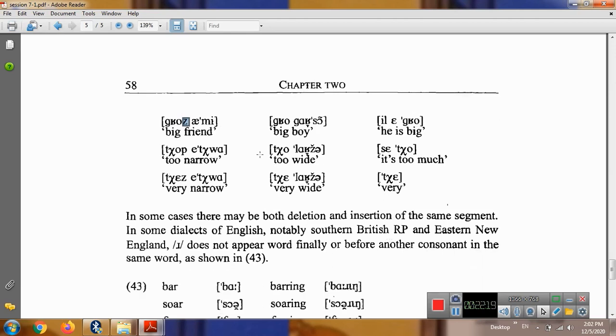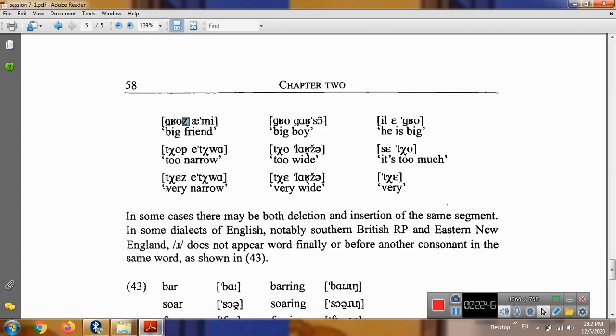Another example is trop étroit. Here because this p is followed by a vowel we keep it, but here trop large, we face the deleted form of trop, and at the end of the phrase again we have the deleted form of trop.